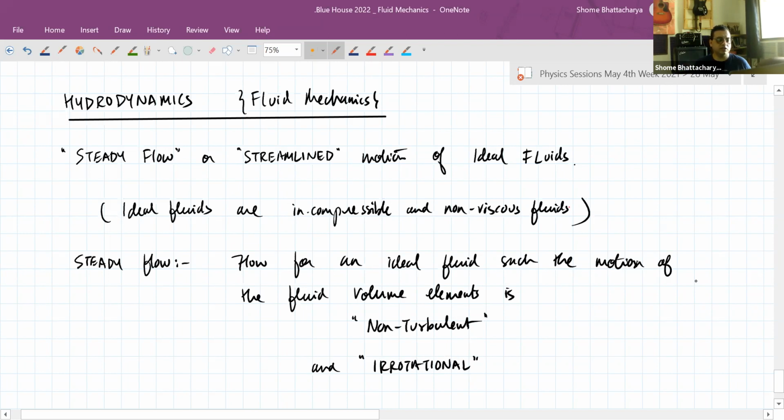Just make a note of this definition of steady flow first.